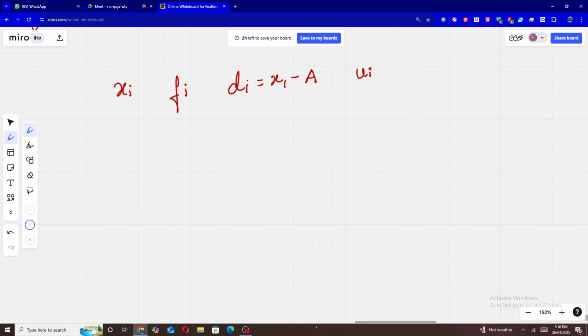In ui we divide di by h. H is the height of your class interval. How do you find the height? 60 to 100, that's the difference, that is 40. And next one is fi ui.